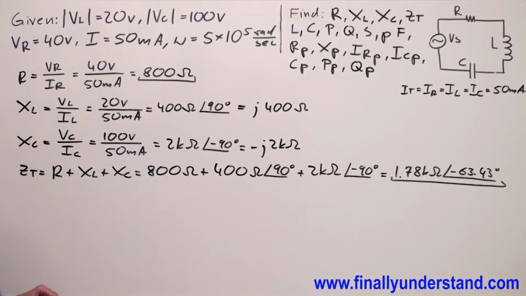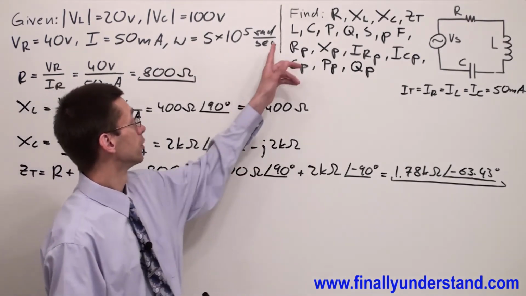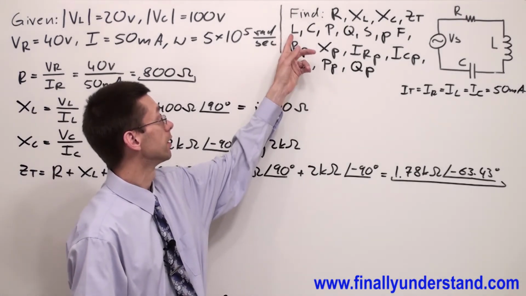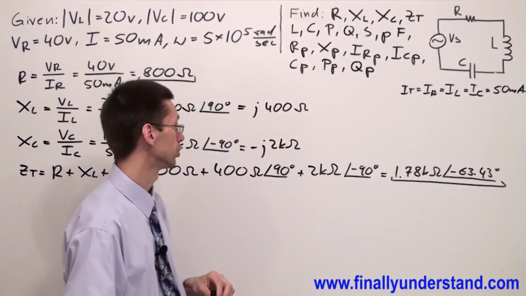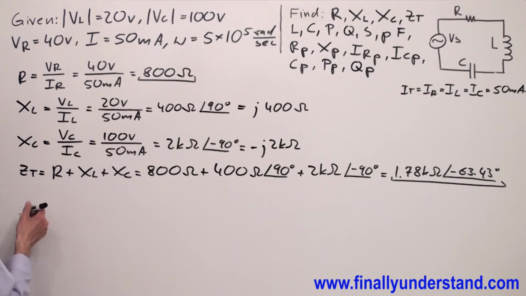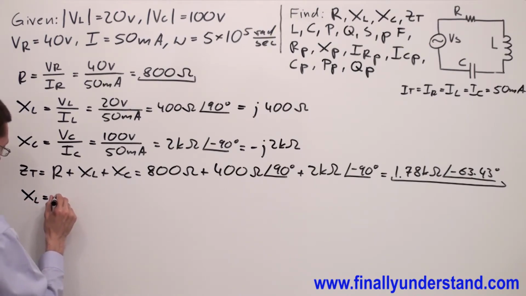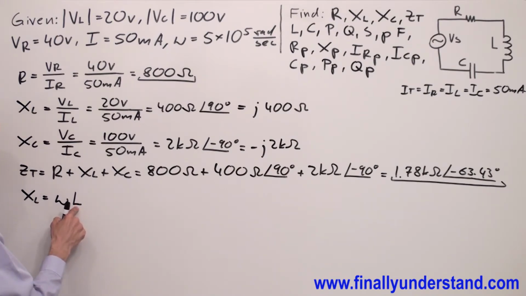Next, the problem is asking me to find the inductance. In order to do so, I'm supposed to write the formula for the inductive reactance. X of L is equal to omega L. Because I'm looking for inductance, I'm going to ignore the angle and J if you want to talk about the rectangular form.